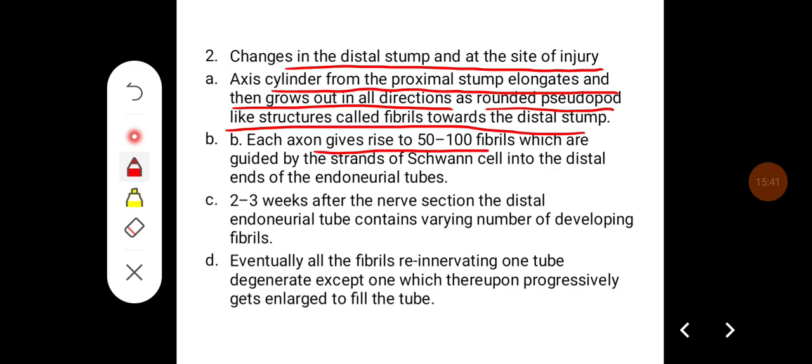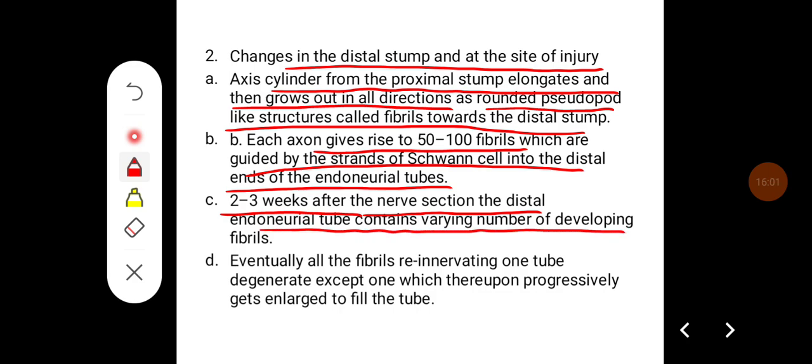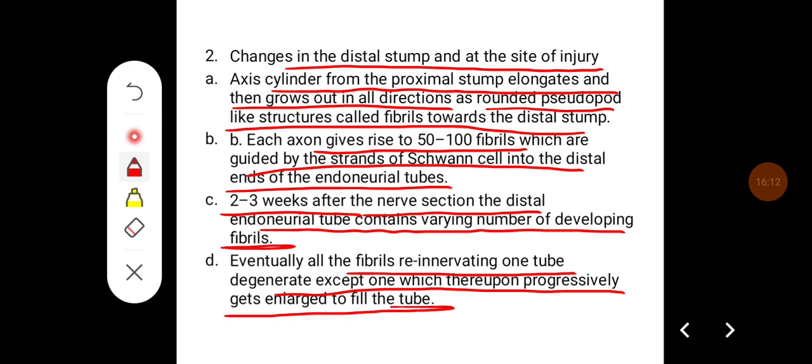Each axon gives rise to 50 to 100 fibrils which are guided by strands of Schwann cells into the distal ends of the endoneural tubes. 2 to 3 weeks after the nerve section, the distal endoneural tube contains a varying number of developing fibrils. Eventually, all the fibrils reinnervating one tube degenerate except one, which thereupon progressively gets enlarged to fill the tube.